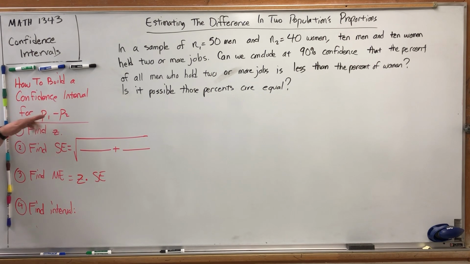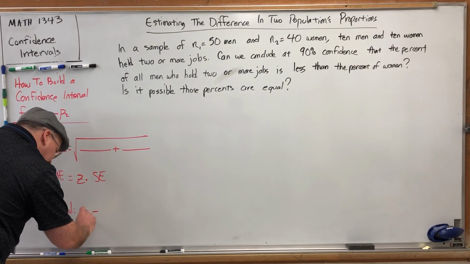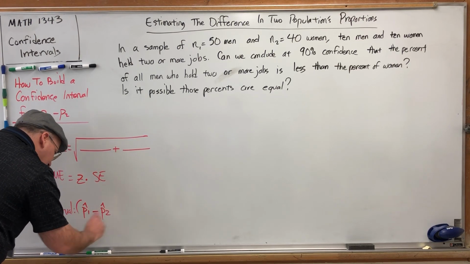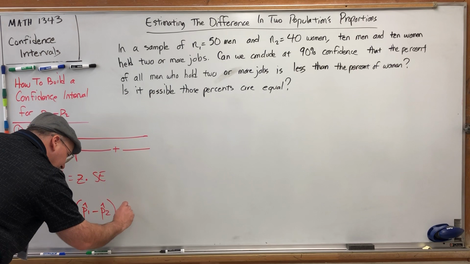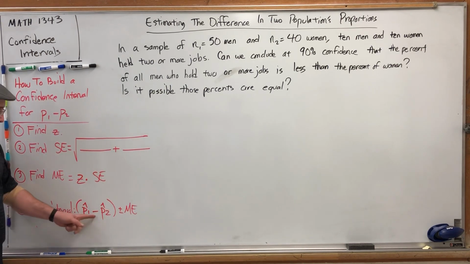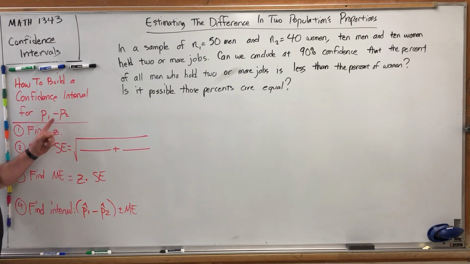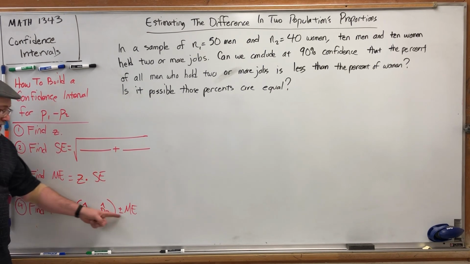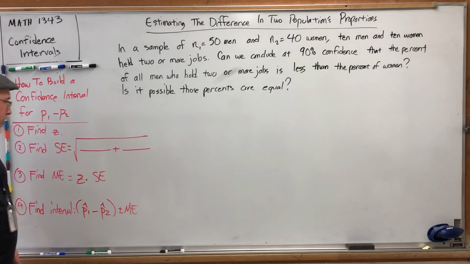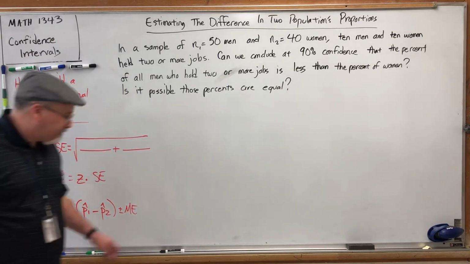Since we're estimating the difference in P1 and P2, our point estimate would be the difference in P hat 1 and P hat 2, plus or minus the margin of error. But every confidence interval is structurally the same. Get something from the sample that's equivalent to what you're estimating for the population, stick a margin of error on it. So the only thing missing is the standard error formula, which I'll fill out in just a moment.